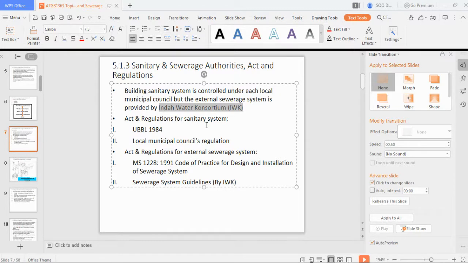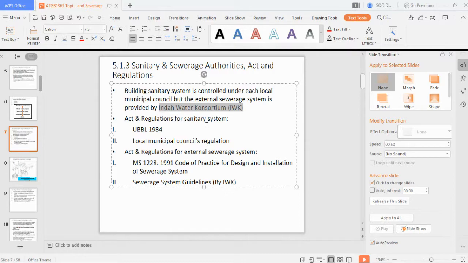They will want to try to put the burden onto the public. This is one of the ways. It has been the norm that it's actually the developer who builds the sewage treatment plant for the IWK.